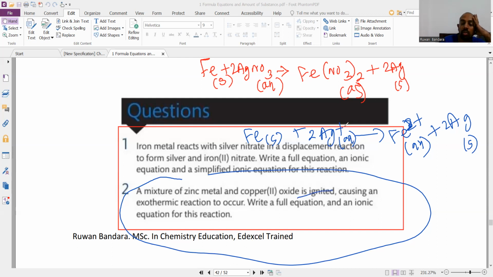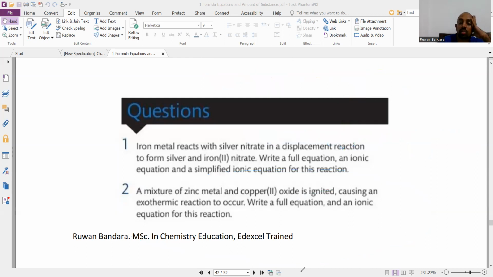So it's ignited now. So if you are going to include the state symbol, it should be liquid.